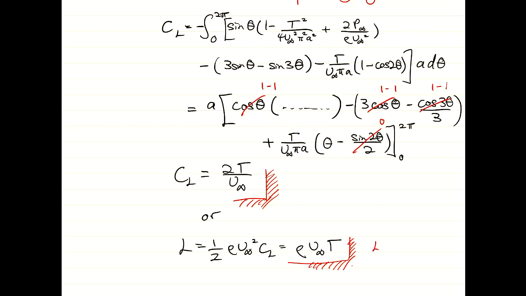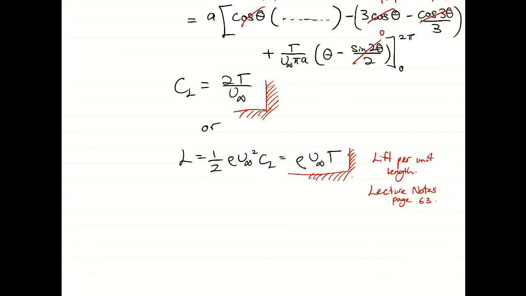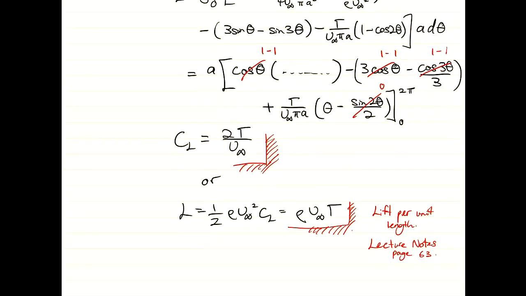And this is just lift per unit length, because this is just two-dimensional. You can refer back to your lecture notes on page 63. Is everyone clear so far?